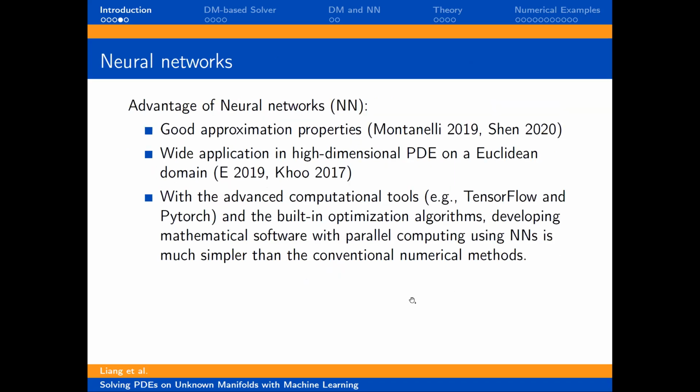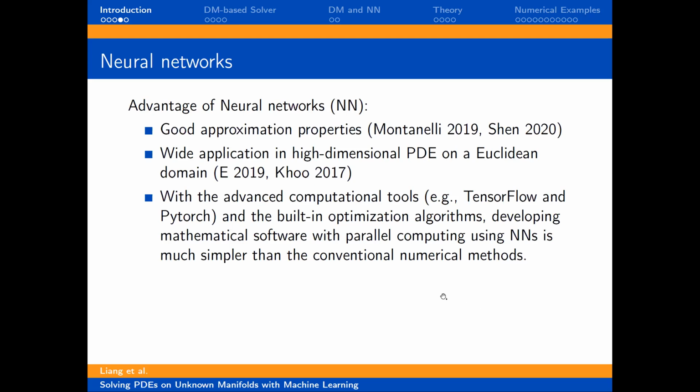One possible way to mitigate this limitation of diffusion maps is the use of neural networks. In recent years, we have witnessed the success of neural networks in scientific computing. It has been pointed out in many papers that neural networks have good approximation properties, and can lessen the curse of dimensionality. Also, there have been wide applications of neural networks to high-dimensional PDEs on Euclidean domains.